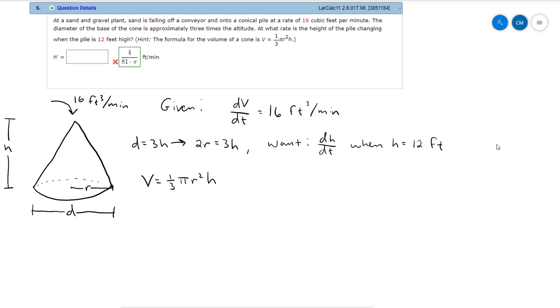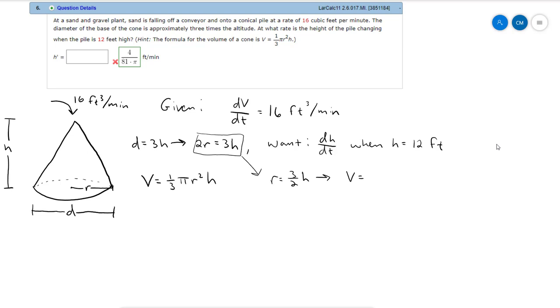We can get rid of the r quantity by this equation here. If we use that and solve for r, we get r is equal to 3/2 h.